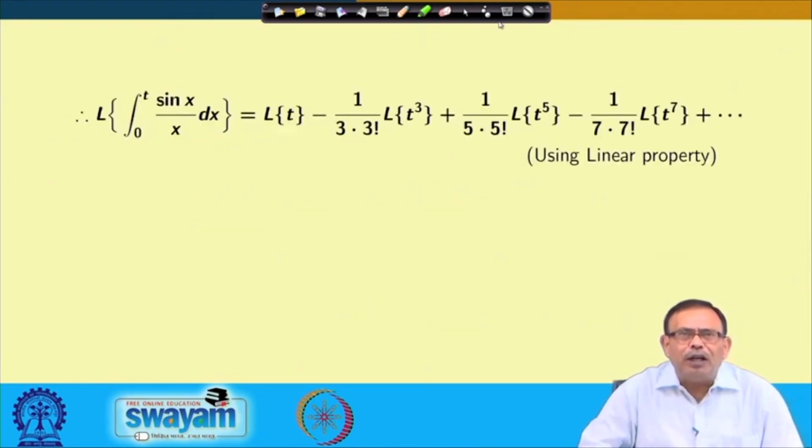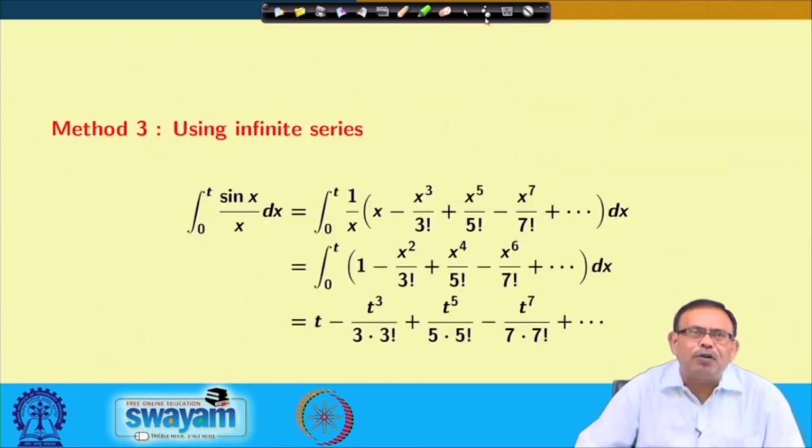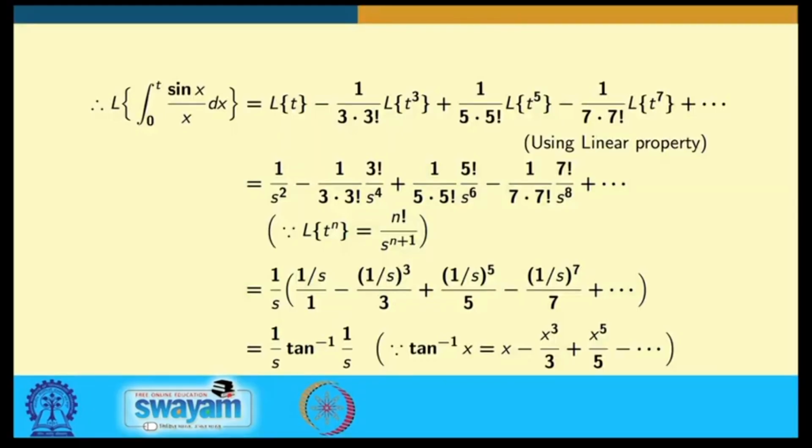So, now I can take Laplace transform on both sides, because I obtained integral 0 to t of sin x by x is t minus t cube by 3 into factorial 3, like this. So, taking Laplace transform on both sides, using the linearity property, I know that Laplace transform of a f(t) plus b g(t) equals a into Laplace transform of f(t) plus b into Laplace transform of g(t). So, I can break it all down, and I know the Laplace transform of each of them.